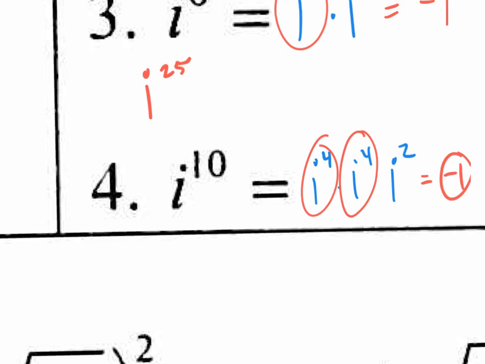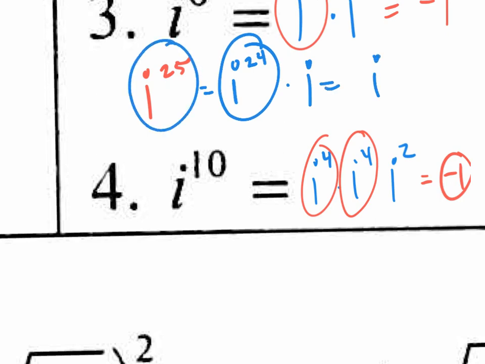Okay, so that would give you 20. What would your remainder be? 1 more i. Does that make sense? Exactly. So since I know i to the 4th gives me 1, I'm going to rewrite it as i to something that's divisible by 4, i to the 24th, because this is going to be 1, times 1 more i. So what's my answer to i to the 25th? It's just i.